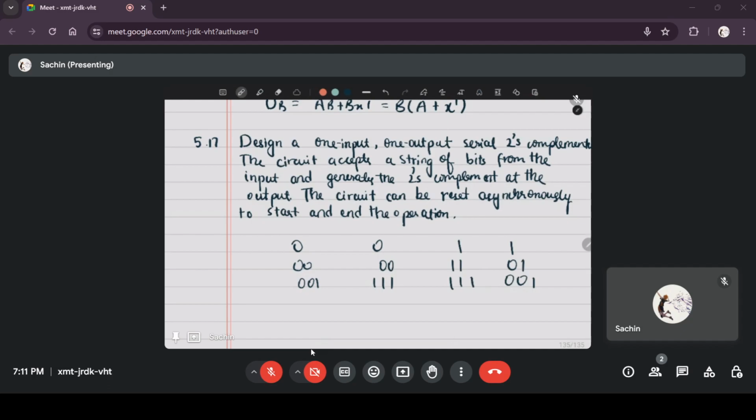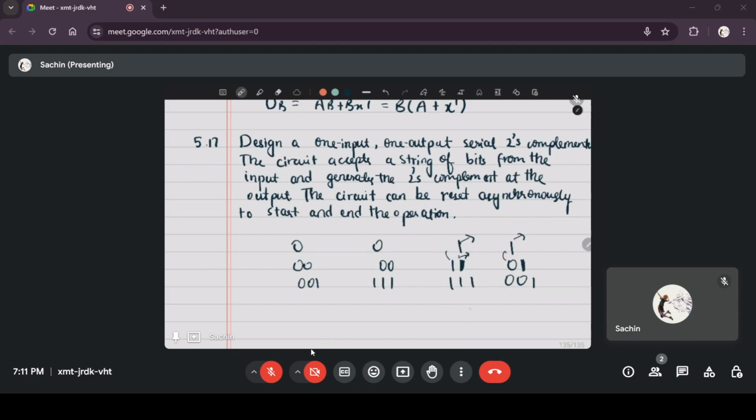Suppose 1 occurred right at the beginning, you have 1 and you're done. Suppose you got 1 1, so this is the first occurrence of 1, so that should give you output 1, and all the next input bits are complemented, so 1 is complemented to 0.